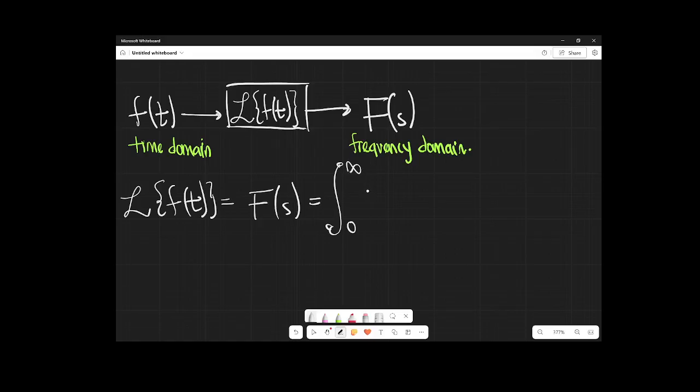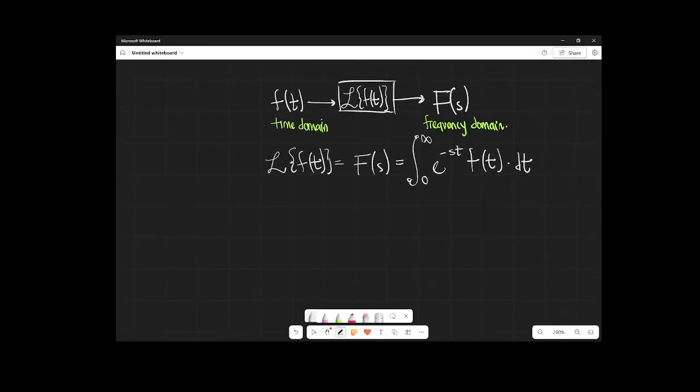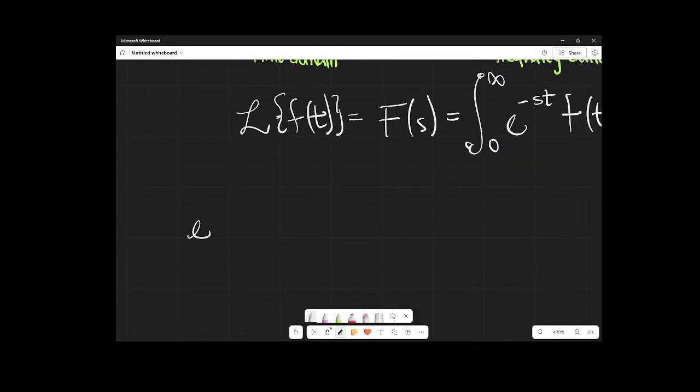It is a unilateral infinite integral with a product of two functions in the integrand. No big deal. And so the best way to do this is to just start with some examples.